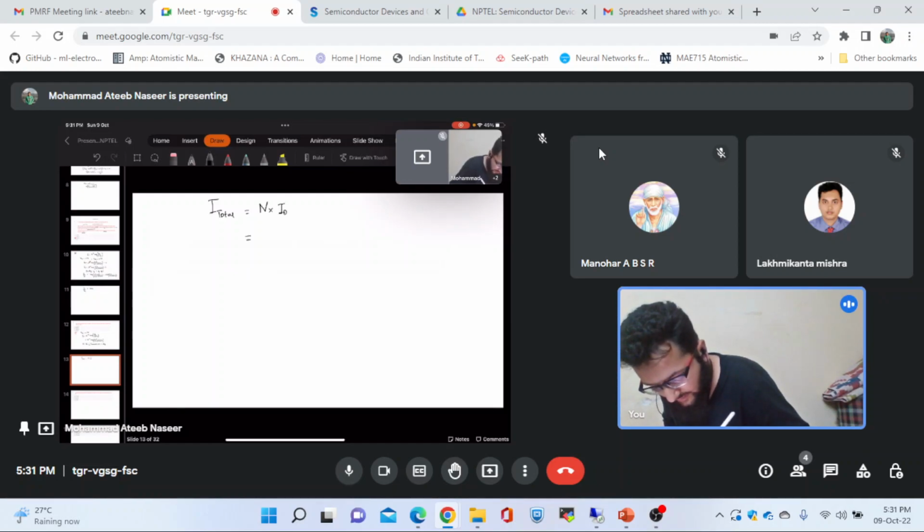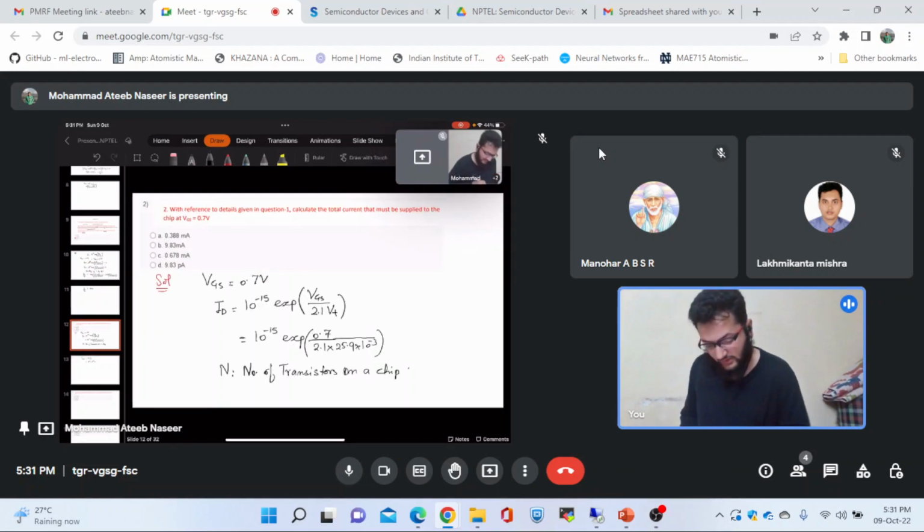So it will simply be equal to 10 to the power of 6, the number of transistors, times this ID, which is 10 to the power of minus 15 exponential of, let us calculate this exponential first, 0.7 divided by 2.1.